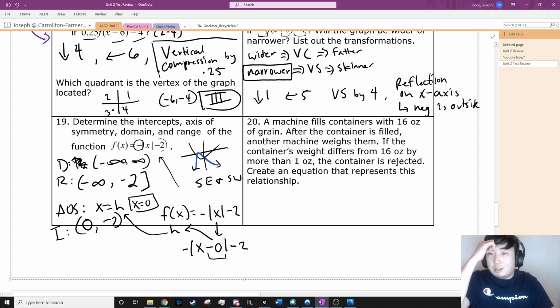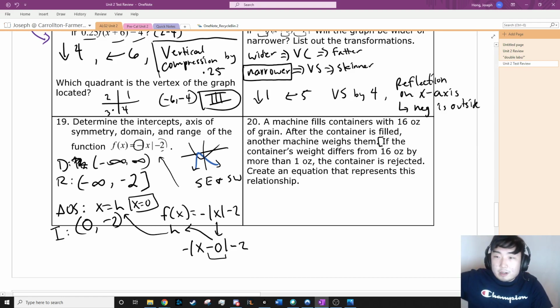If it's 15, it's good. If it's 14.9, it's bad. If it's 17, it's good. If it's 17.1, it's bad.